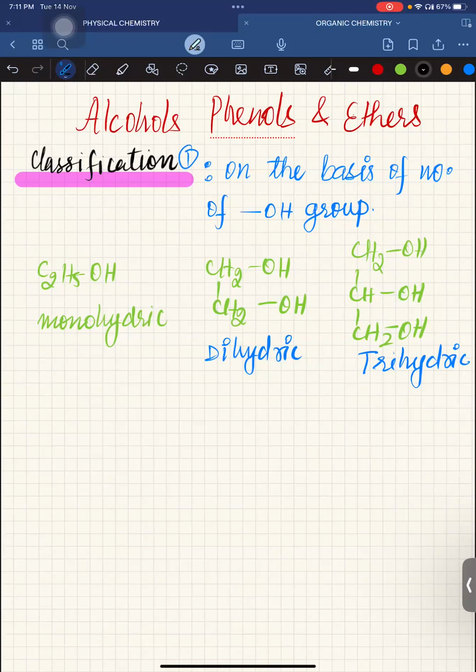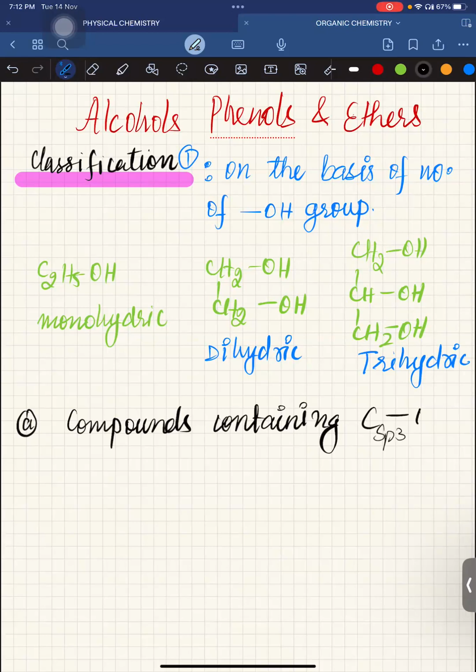The next classification is for compounds containing Csp3-OH. That means the carbon to which OH is connected should be sp3 hybridized. So here comes the degree of alcohol. It is the same as haloalkanes we studied.